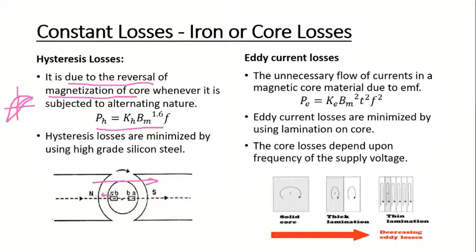For t equal to 1 second, let it make a rotation theta, and then suddenly A is subjected to what? The south pole. Sudden reversal of the magnetic core is never possible actually.